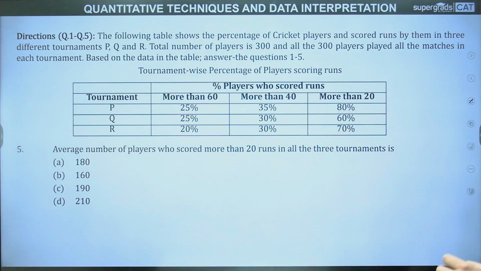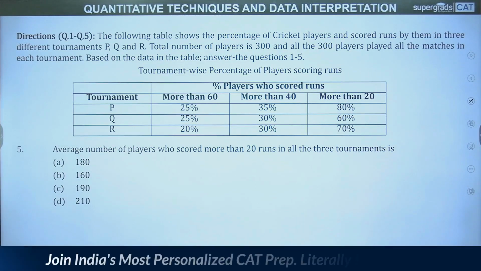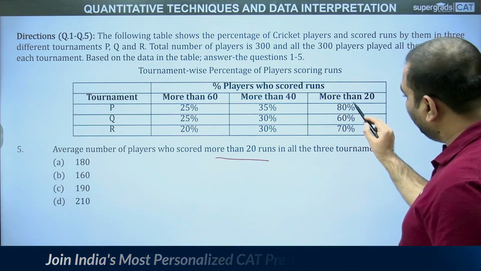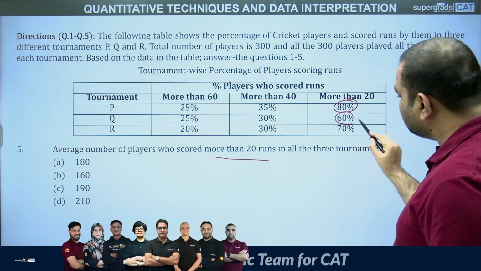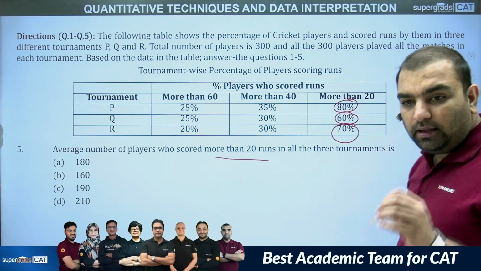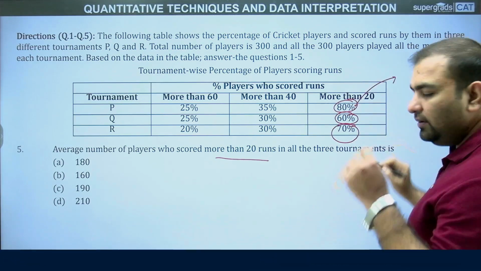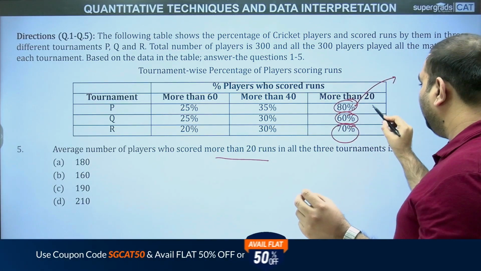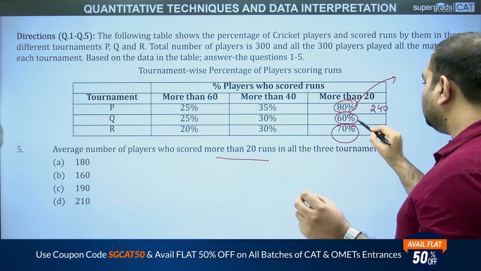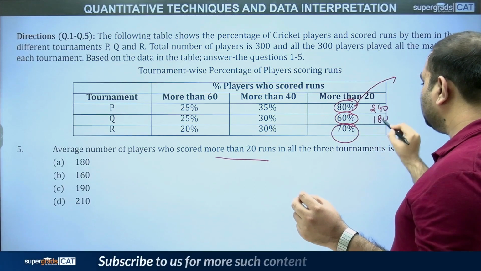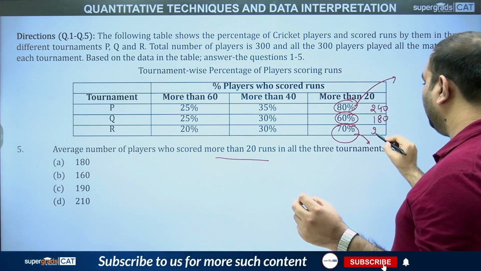Average number of players who scored more than 20 runs in all the three formats. More than 20 runs are 80%, 60%, and 70%. Again, the choice is yours. Calculate their values individually: 80% of 300 is 240, 60% is 180, 70% is 210.